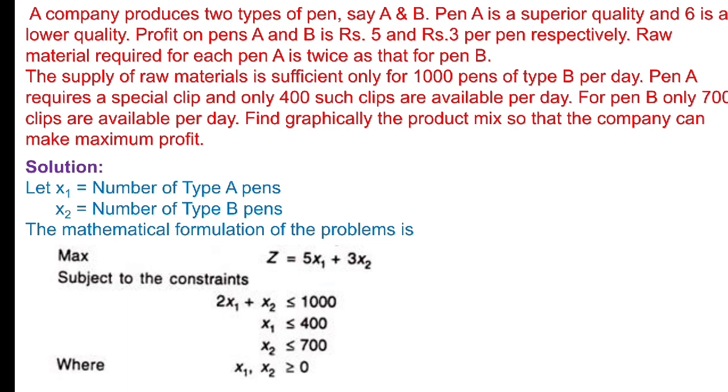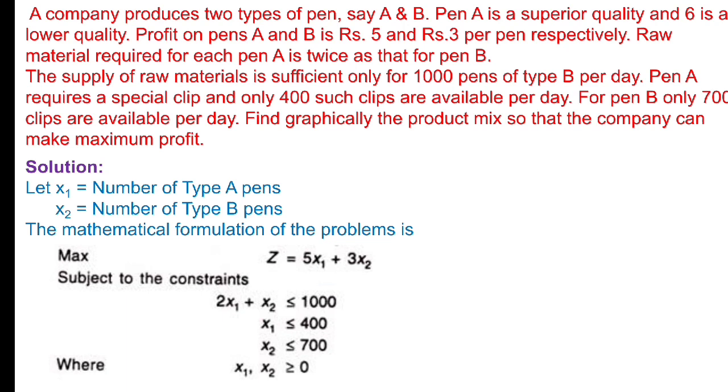Let x1 be the number of type A pens and x2 the number of type B pens. In the mathematical formulation, we are profit oriented only. Maximize Z equal to 5x1 plus 3x2, the two different types of pens A and B, subject to the constraints.